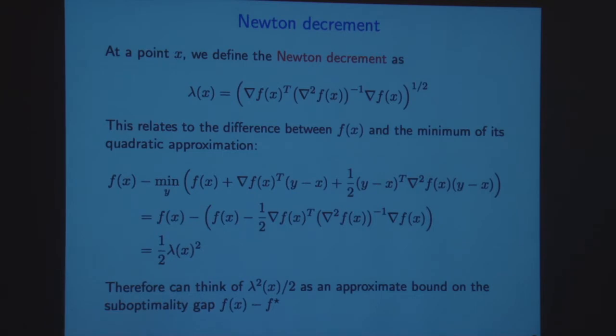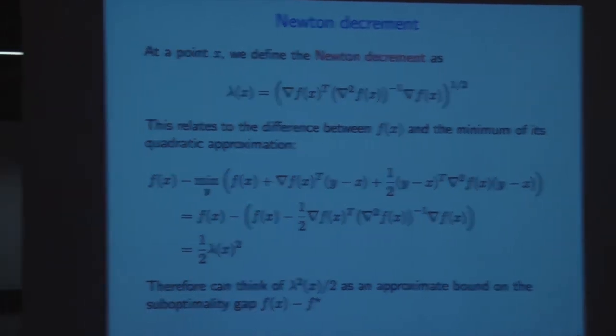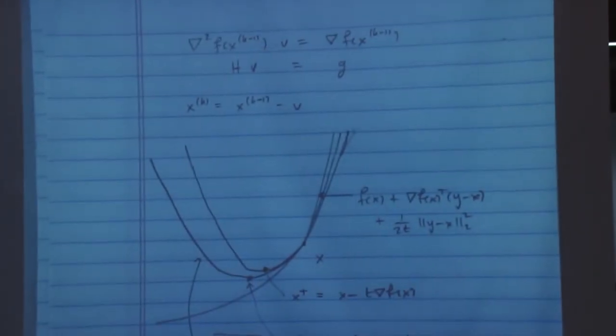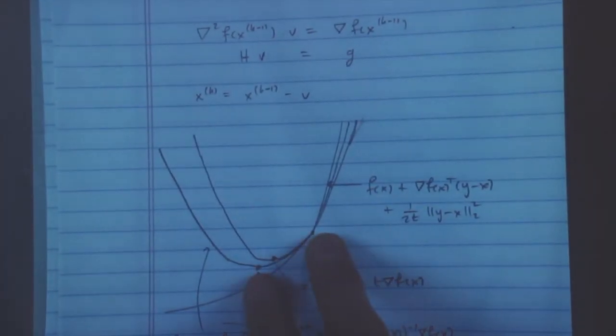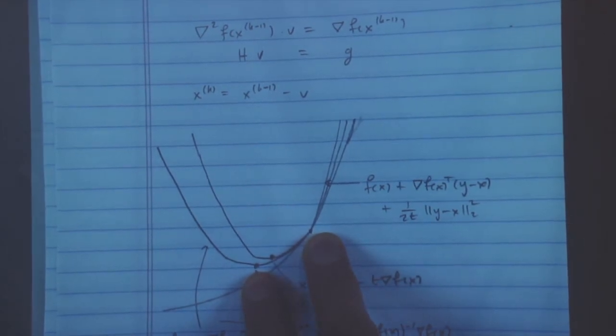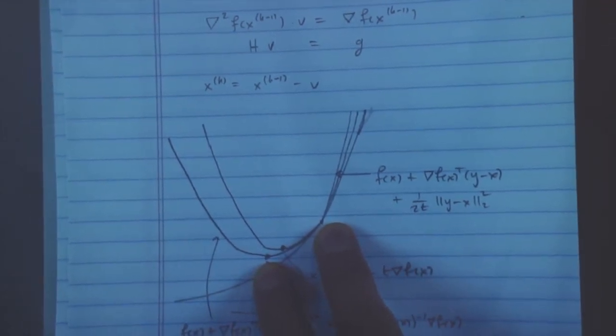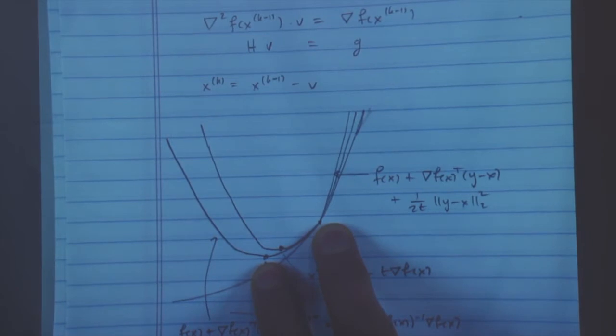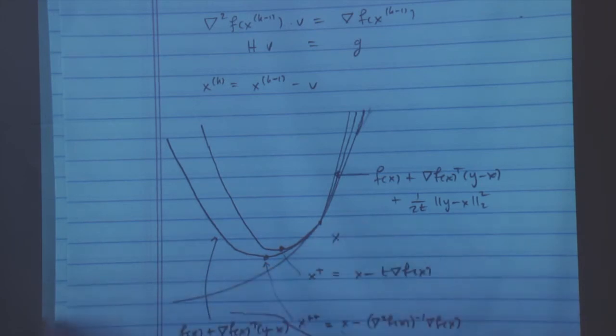Remember, we're forming this quadratic approximation at every step, and f at this minimizer, which we called x plus plus here, and f at the original point x, the difference between these two ends up just being lambda squared of x over 2. So it's the Newton decrement squared over 2. You can think about it being defined in terms of that gap.